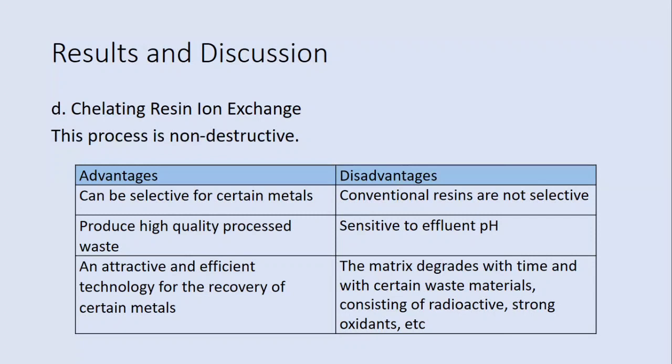And disadvantages of chelating resin ion exchange: conventional resins are not selective and are sensitive to effluent pH. The matrix degrades with time and with certain waste materials consisting of radioactive, strong oxidants, etc.